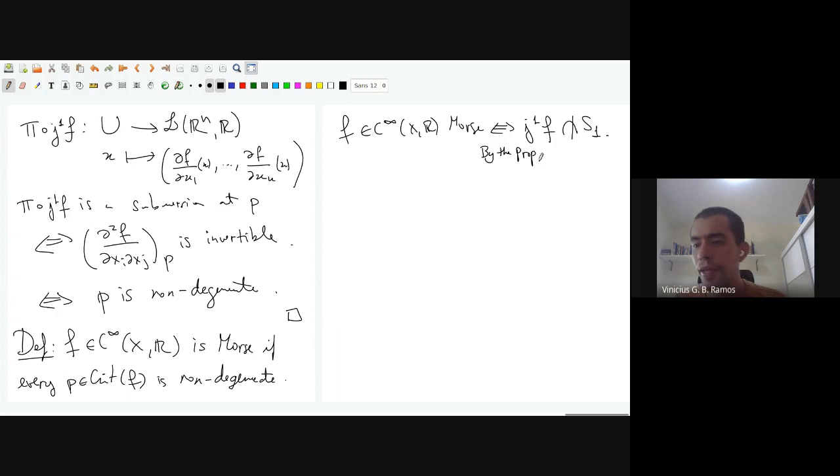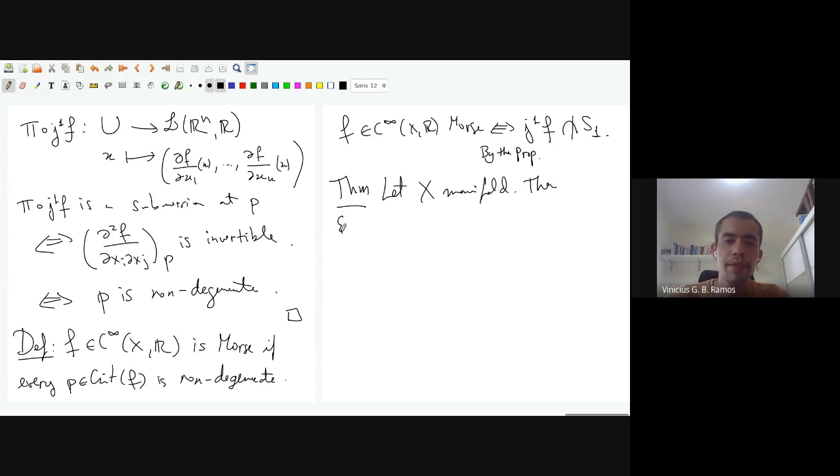And then now we have our theorem, which is usually very hard if you haven't learned the Thom transversality theorem. But for us, it's going to be easy. So let X be a manifold.